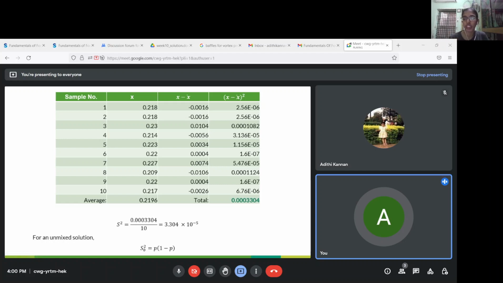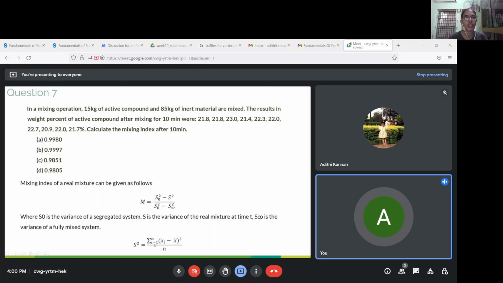So in this case, you're looking for an active ingredient and you have an inert material. So the active ingredient is what you're measuring at each of these samples. So P will be what you are trying to measure at time t equal to 0. As you can see in the question, we have 15 kgs of active component with 85 kgs of inert material.